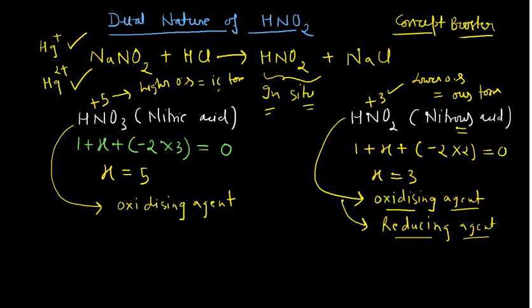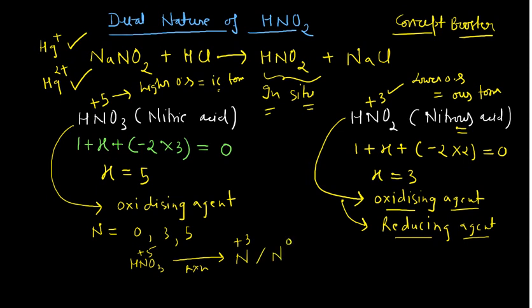The reason is simply this. See, for nitrogen, how many oxidation states may you have? You may have 0, you may have 3, or you may have 5 oxidation state. But in HNO3, if you see here, the plus 5 oxidation state is there. If it reacts in some way in some reaction, and the oxidation state of nitrogen goes down, it may go to plus 3, it may go to 0.